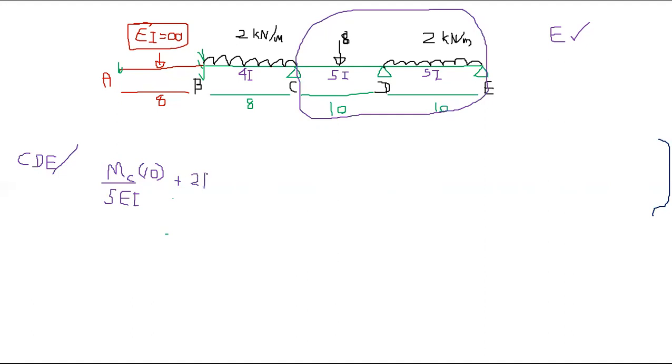So 2MD is the middle point. So that's going to be 10 over 5EI divided by this, 10, L over 5EI plus L over 5EI, right? The same thing, right?